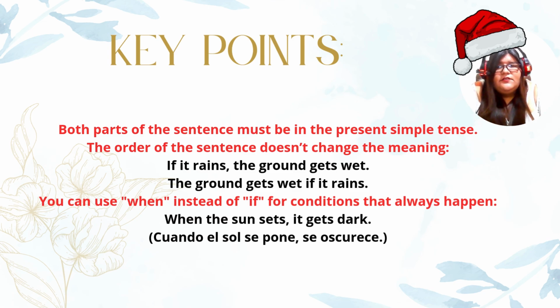If you see here, the order doesn't change the meaning. Then we have you can use when instead of if for conditions that always happen. Pay attention to that, for conditions that always happen. Like when the sun sets, it gets dark. And so on, guys. So be careful with those details.